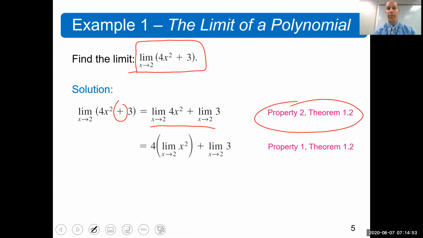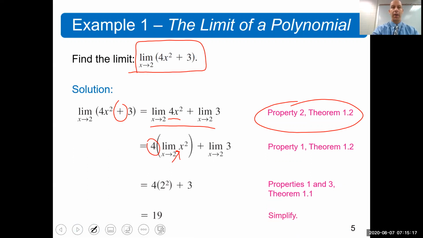And I could use property 1, the scalar multiple property, so instead of it being just 4x squared, I can pull the 4 out in front. So it becomes 4 times the quantity of the limit of x squared, plus the limit of 3. Then I could use properties 1 and 3. Now I can plug this 2 in for the x, and we're going to do 4 times 2 squared plus 3, and of course we get the answer of 19.